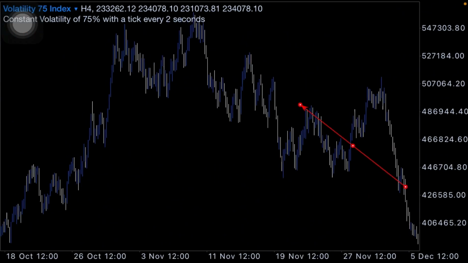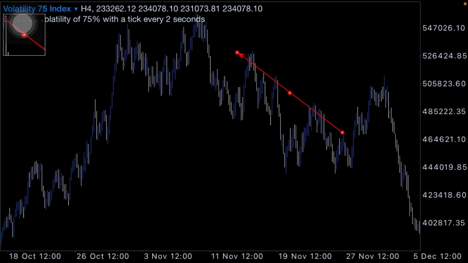So you see, the market created a high here, a high here, sorry, then created a lower high here, then broke this previous high and created another high, then boom, it breaks the structure here.